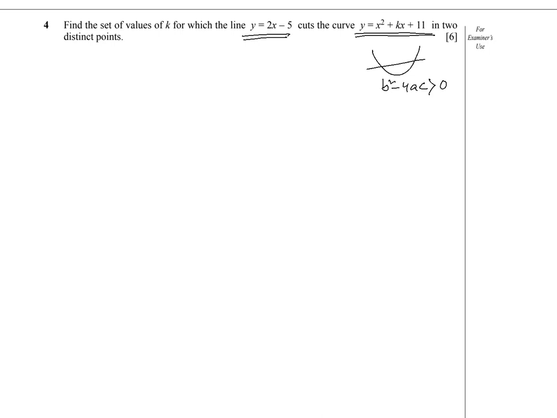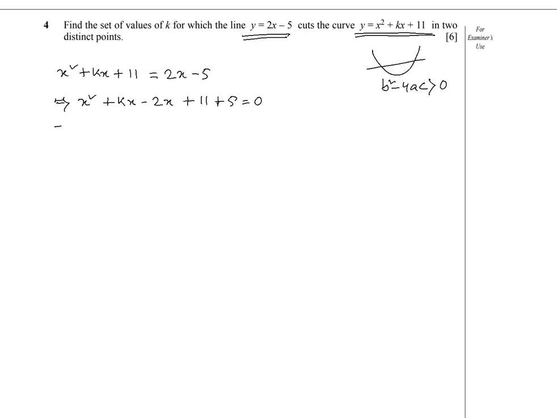So let's begin. Now, by equating the two equations, we can write x squared plus kx plus 11 equals 2x minus 5. So in the next line we can write x squared plus kx minus 2x plus 11 plus 5 equals 0.